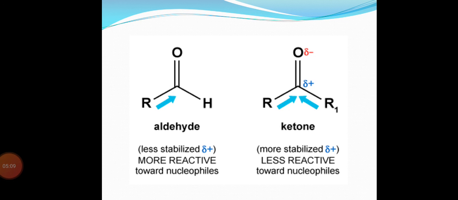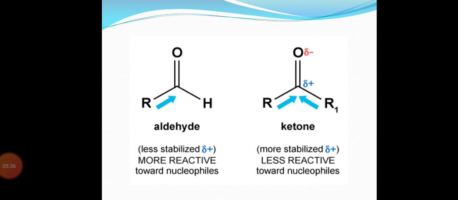This second slide will further explain in detail how the alkyl group which is attached with the carbonyl of aldehyde and with the carbonyl of the ketone plays an important role to get the stability. See the structure of an aldehyde. The arrow which is starting from the R, which is an alkyl group, is moving towards the carbonyl carbon.